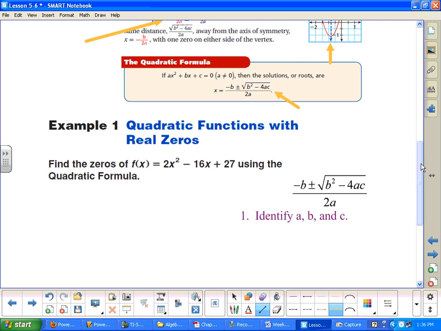So here they give us a quadratic function, and they want us to find the zeros. So to find the zeros, we're going to do the quadratic formula. And the first thing we're always going to do to use the quadratic formula is identify the values of a, b, and c.